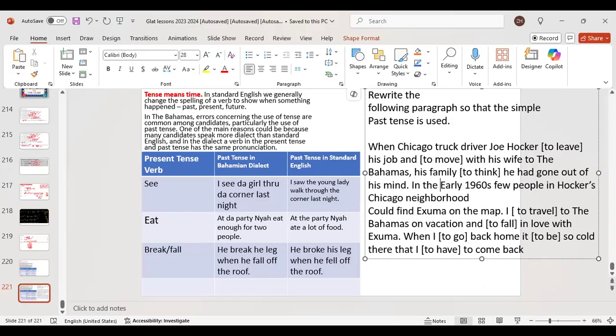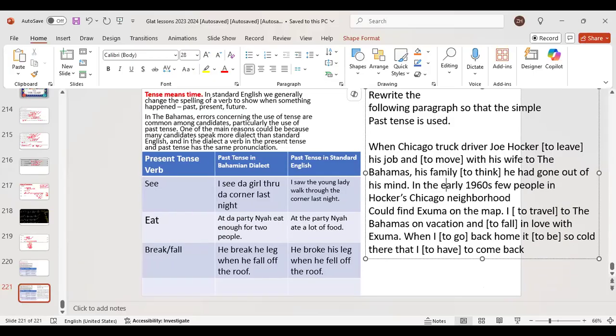In the early 1960s, few people in Hawker's Chicago neighborhood could find Exuma on the map. I to travel to the Bahamas on vacation and to fall in love with Exuma. When I to go back home, it to be so good there that I to have to come back.